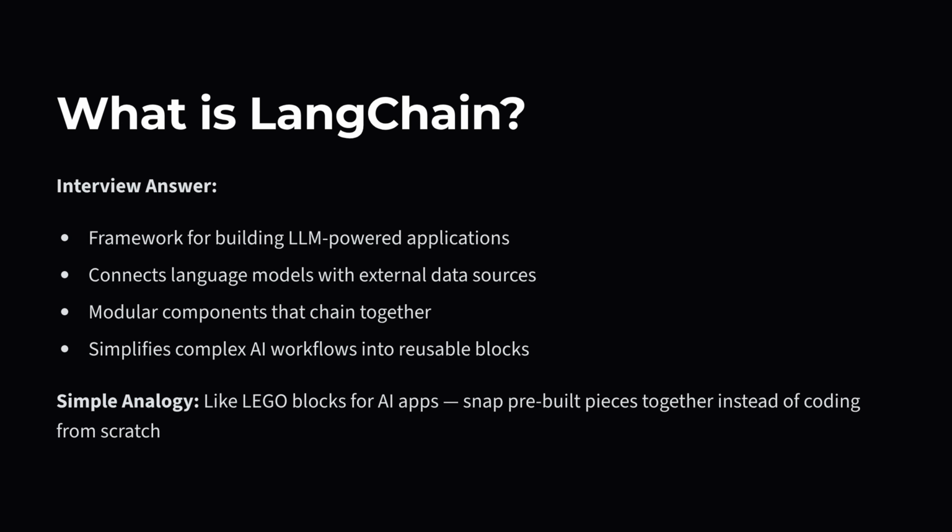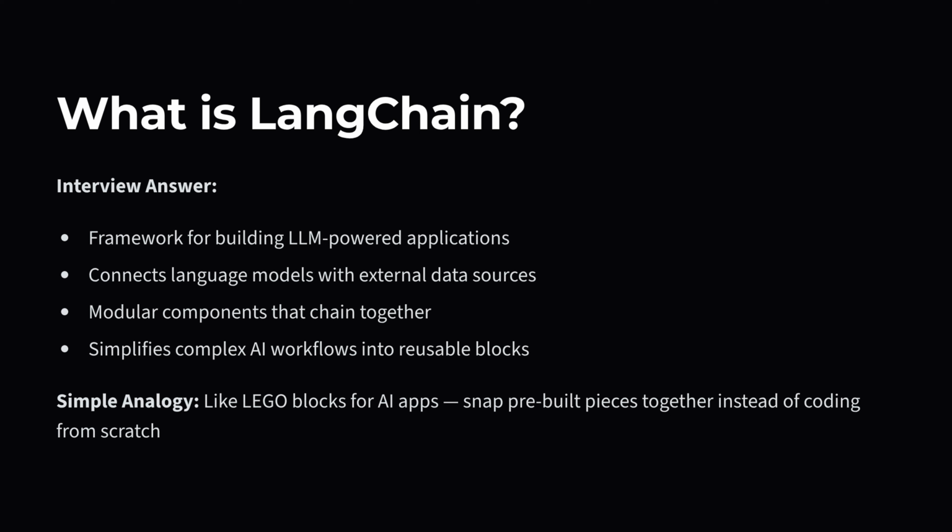What is LangChain? LangChain is easiest to understand if you picture it like building a small machine out of Lego blocks, where each block handles one part of an LLM workflow. Instead of wiring everything by hand, you simply snap together pieces that let the model talk to external data, run tools, and follow a structured path.